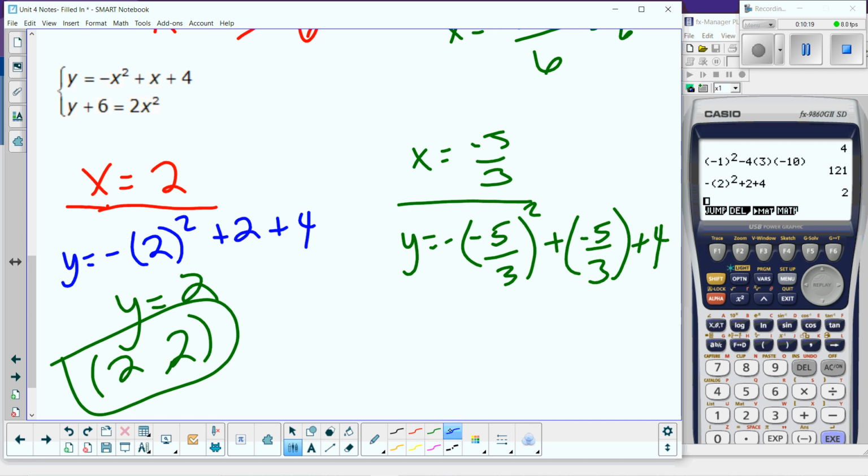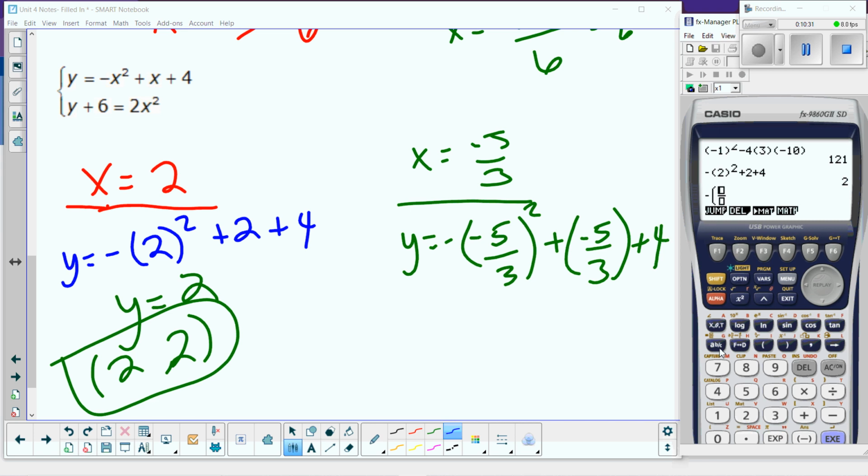For our other one, once again, using your calculator: negative, parenthesis, our fraction, negative 5 over 3, close parenthesis, and that is squared plus parenthesis, fraction, negative 5 over 3, plus 4.